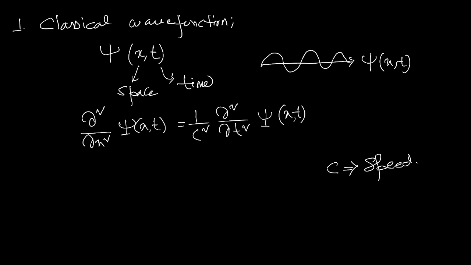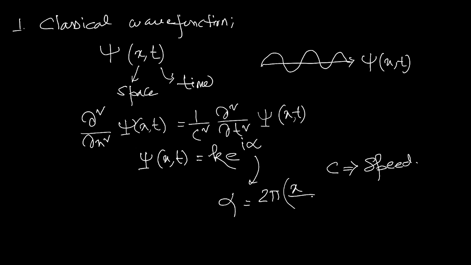If you look at this kind of equation, we can quickly know the solution should be like this, where alpha is written as 2 pi x by lambda minus something into t. This is called the phase factor.